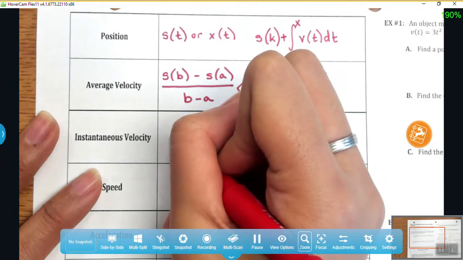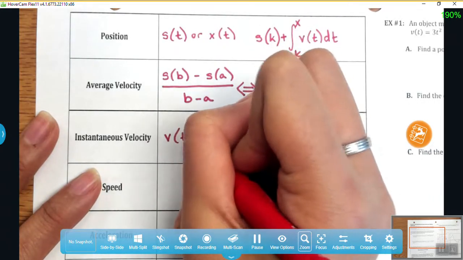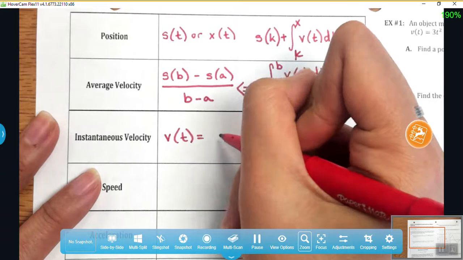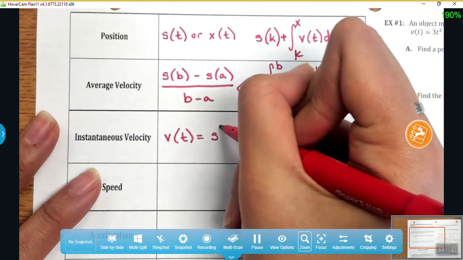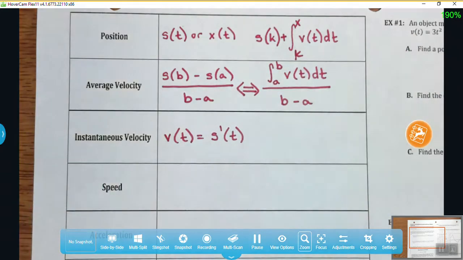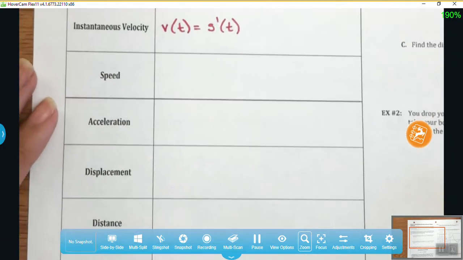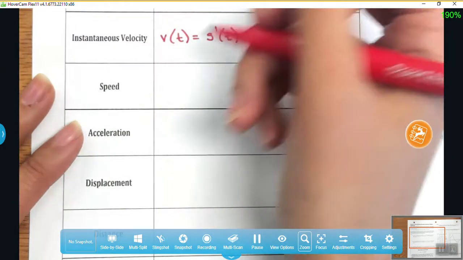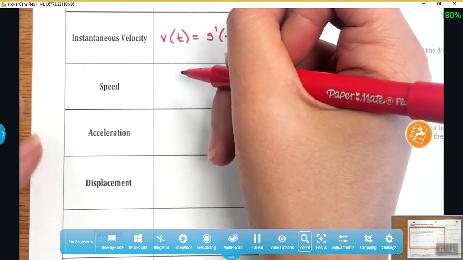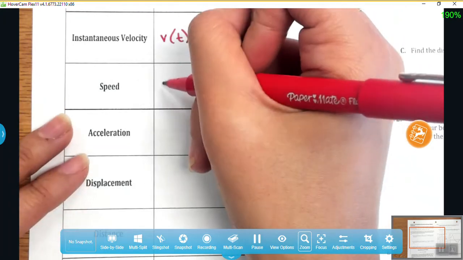Instantaneous velocity is v of t, which is s prime of t, right? Now, speed is velocity without direction.